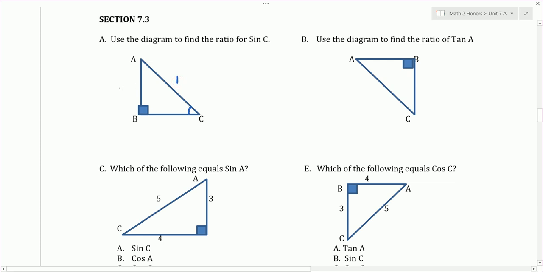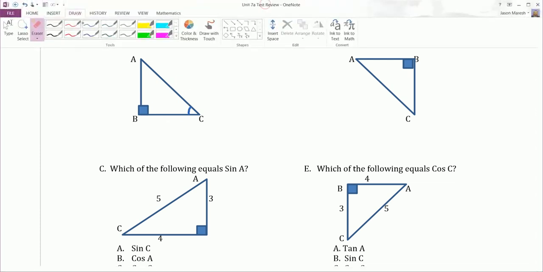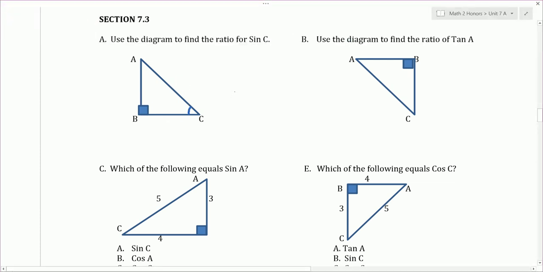The side opposite would be the sine of C, and the side adjacent would be the cosine of C. Actually, let me do this. This will work better, because we don't know the side lengths of this one. Let's draw one that we do know the side lengths of.